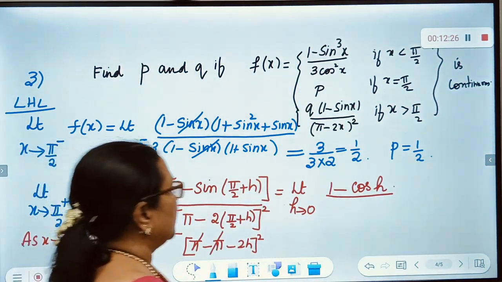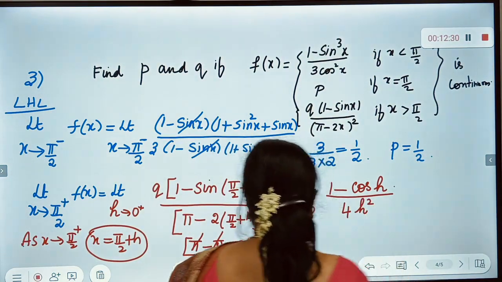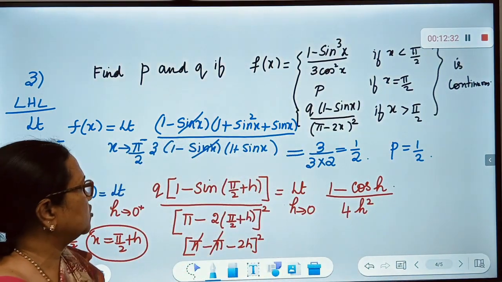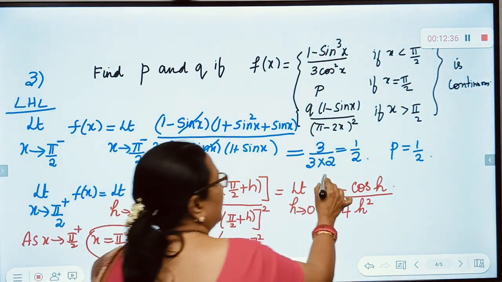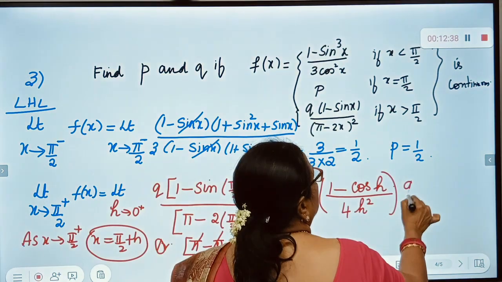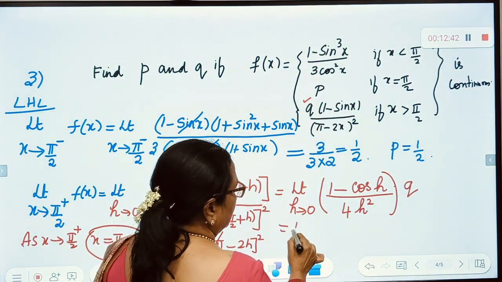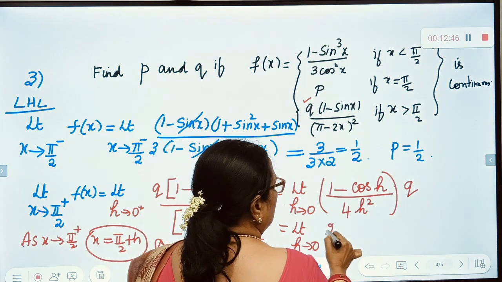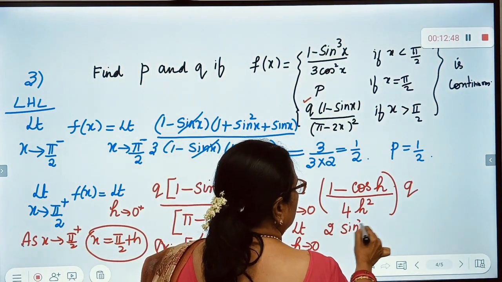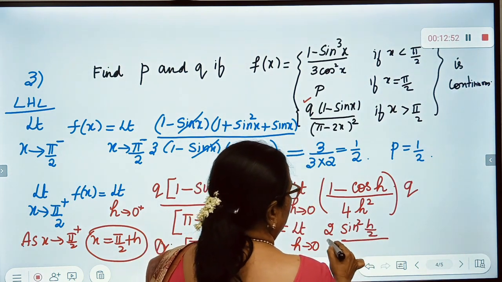So I will get 4h square, minus 2h the whole square, which is 4h square. I have just simplified the denominator, with a q here. Now this will be limit h goes to 0. 1 minus cos h is 2 sine square h by 2, by 4 I have.